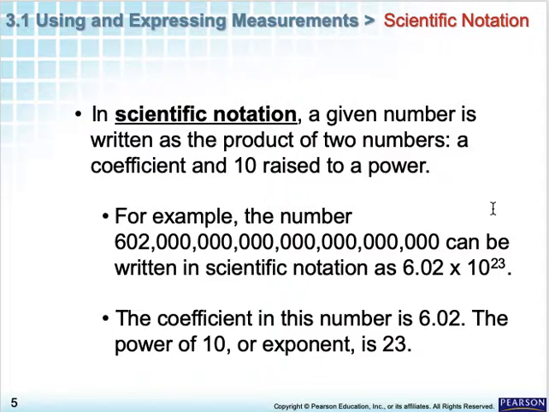So in this example, I would move the decimal place from all the way over here at the end of all my zeros to between the 6 and the 2. When I move it that many times, I have to figure out how many places it would go. Then I'm going to take 6.02 and get rid of all those trailing zeros. Then I would use times 10, and the exponent would be 23 if we count how many places over we move it.